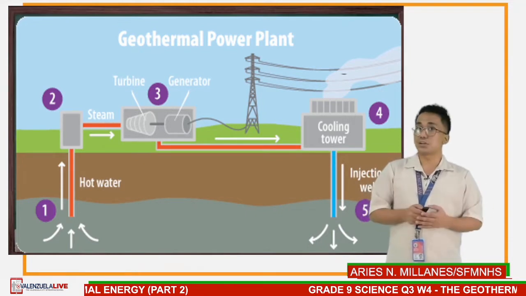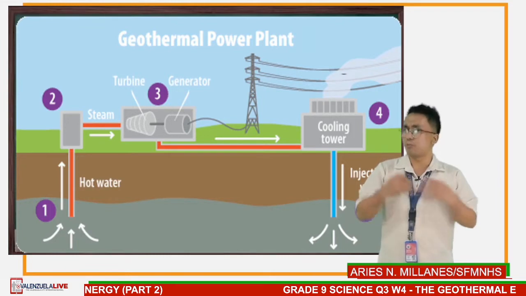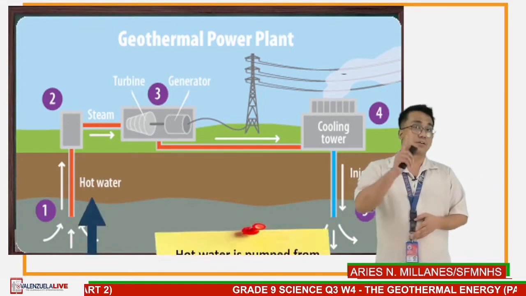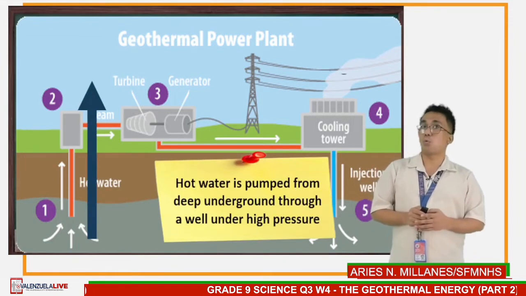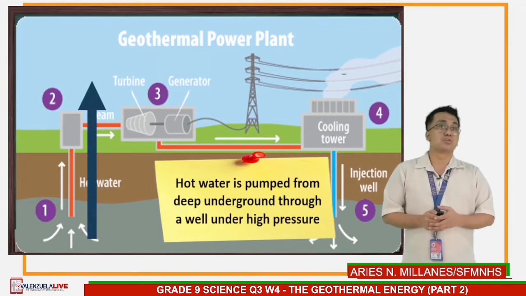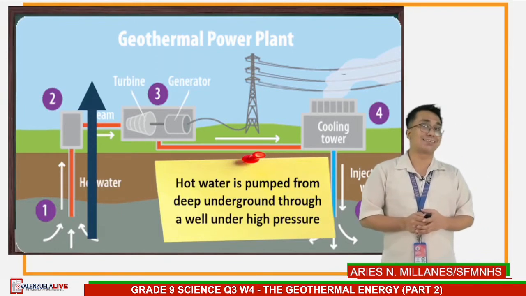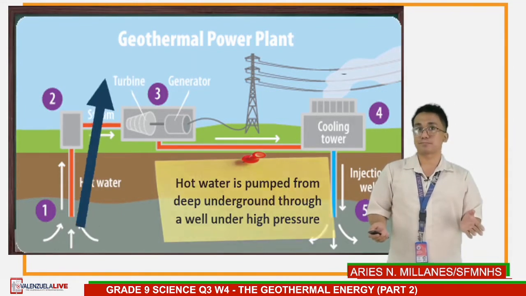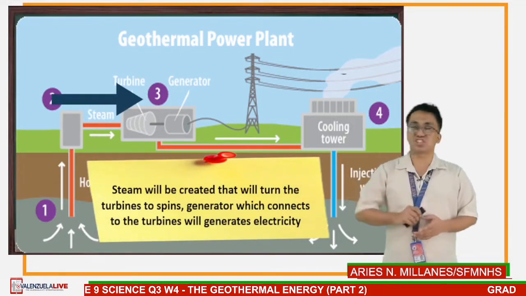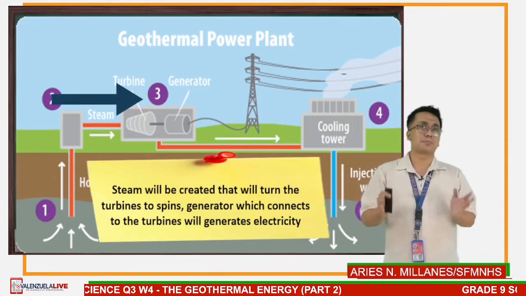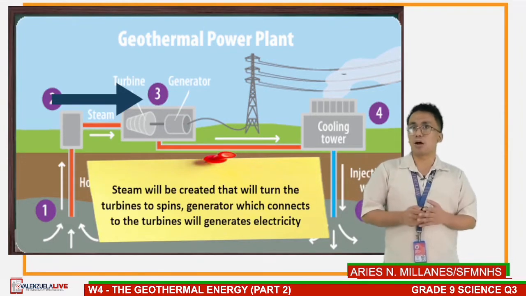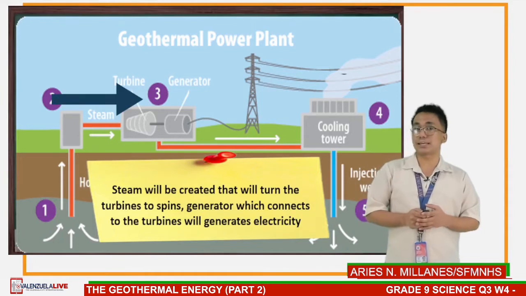The procedure is most likely a cycle in which, first, hot water is pumped from deep underground through a well under high pressure. Next, when the water reaches the surface, the pressure is dropped, which causes the water to turn into steam.